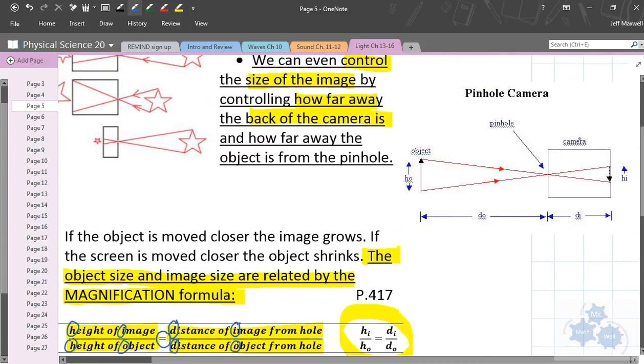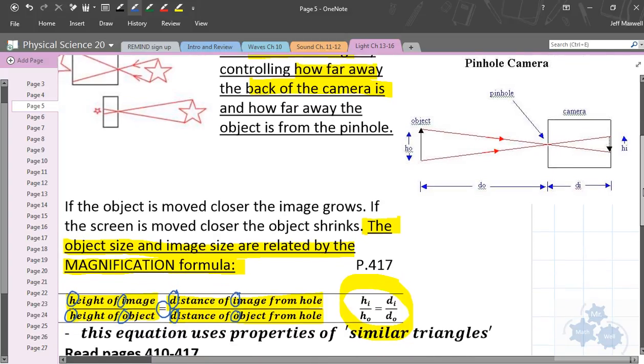If we look at this diagram to see where those distances are, here's the camera, and Ho is the height of the object, Hi is the height of the image. The distance of the object is literally the distance from the object to the pinhole, the edge of the camera, and the distance of the image is from the front of the camera to the back of the camera.